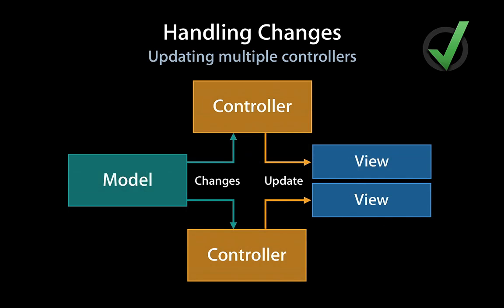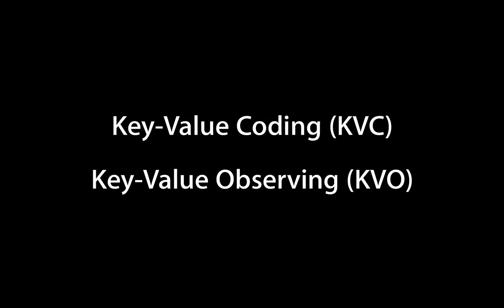Now, let's go a different way. This is all about handling multiple changes. An individual data element changes, and now maybe more than one aspect of the user interface needs to be updated. Again, KVO is a great way to make this work. Again, KVC, key value coding, and key value observing.